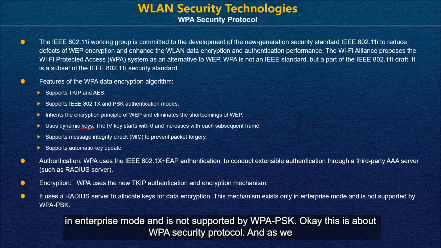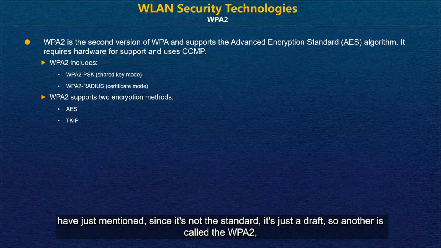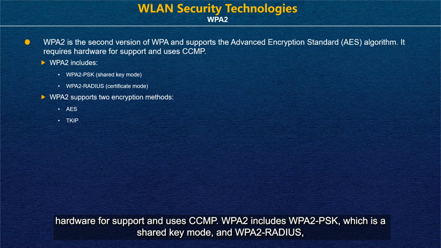And as we have just mentioned, since it's not a standard, it's just a draft, another one is called WPA2, which is defined by 802.11i. It's the second version of WPA and supports the AES algorithm. It requires hardware support and uses CCMP.